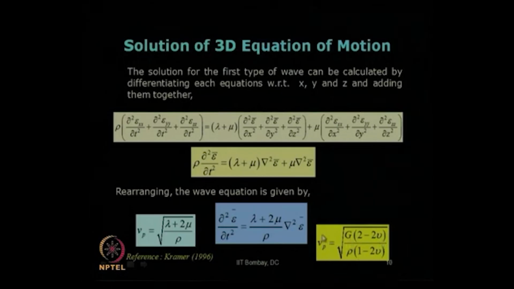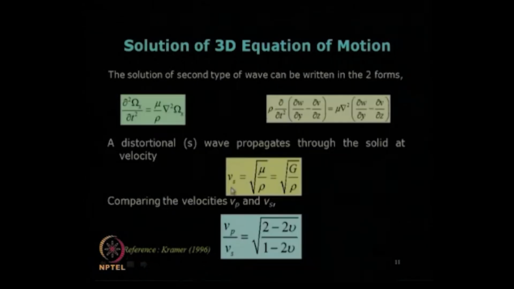If we compare this expression of V p with V s, we can see that the ratio of the primary or longitudinal wave velocity to the secondary or shear wave velocity can be expressed as root over 2 minus 2 nu by 1 minus 2 nu, which is nothing but a function of Poisson's ratio only. That means the ratio of primary wave velocity to secondary wave velocity, or P wave to S wave velocity, is a function of the Poisson's ratio of the material only.